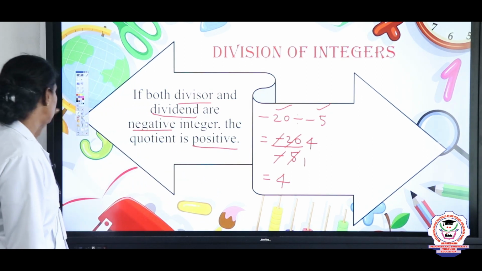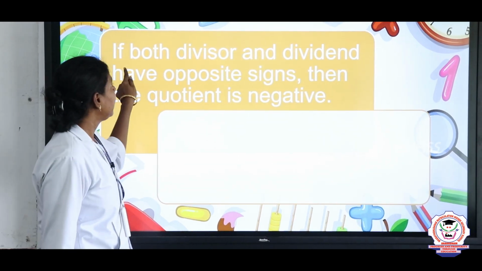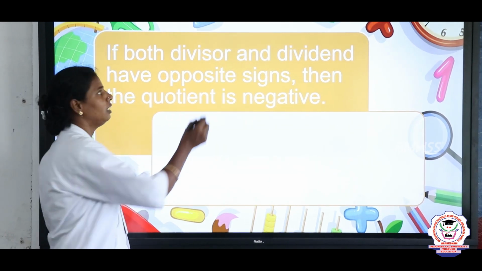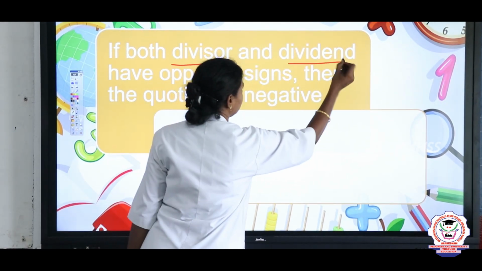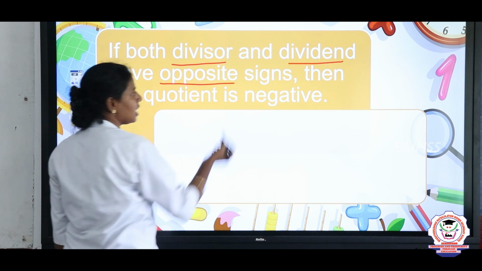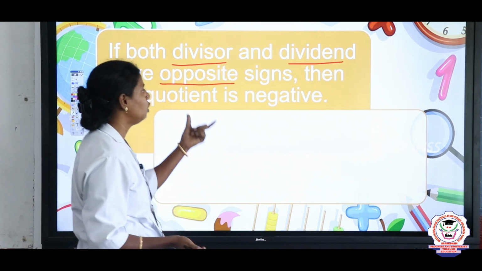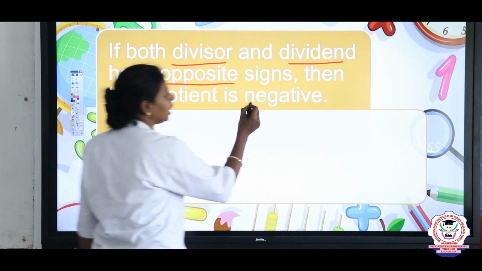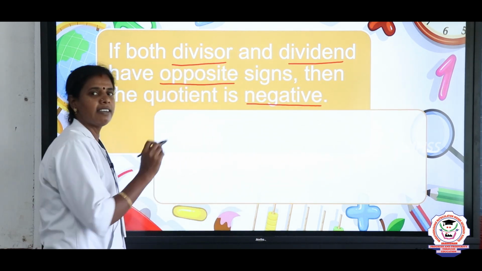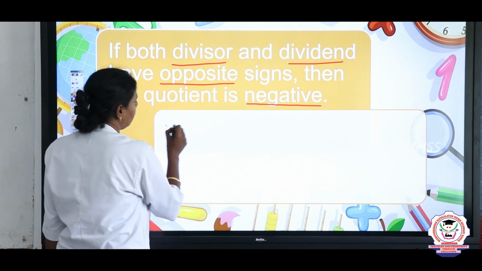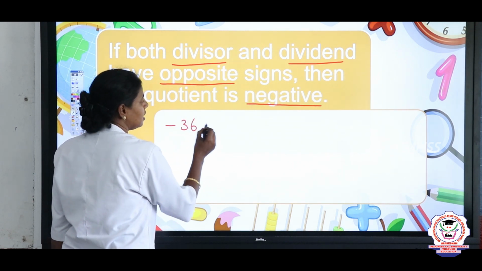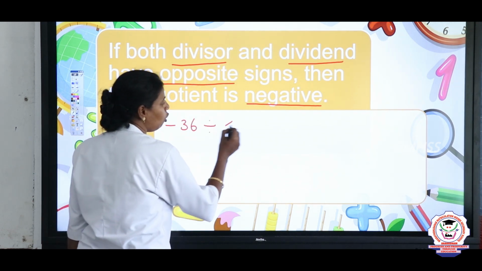The next rule is, if the divisor and dividend have opposite signs, in the sense positive and negative or negative and positive, the answer, that is the quotient, is negative. So we will see with an example like minus 36 divided by 4.